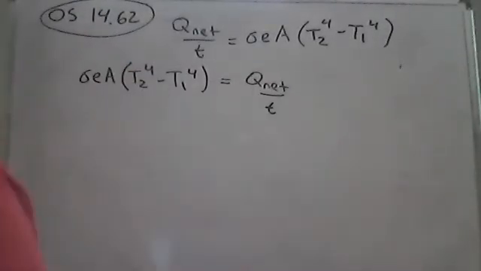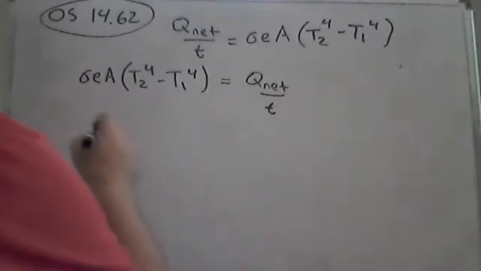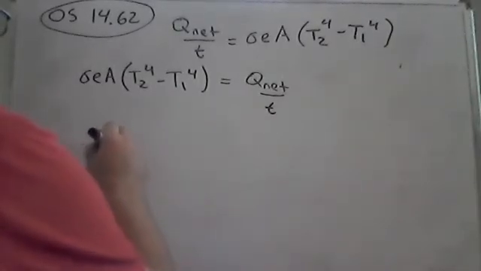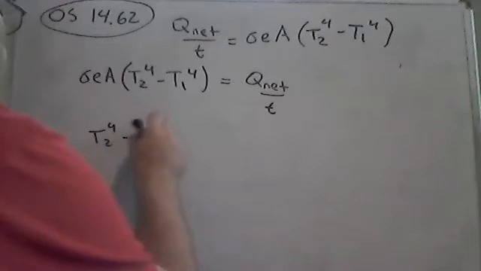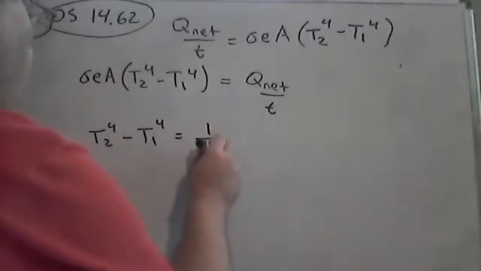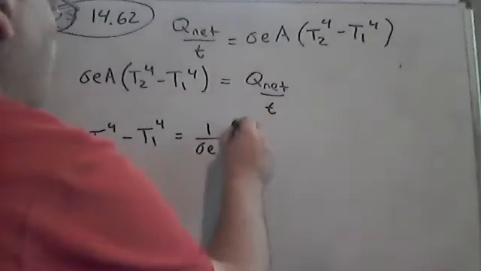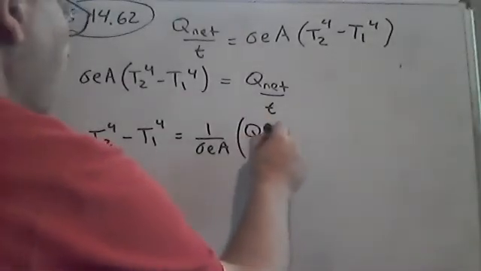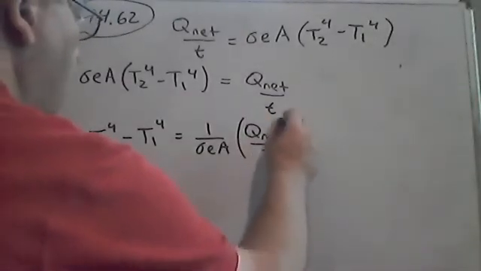First thing we want to do is divide both sides by sigma EA. So I would have T2 to the 4th minus T1 to the 4th is 1 over sigma EA times the quantity Q net over T. All right.